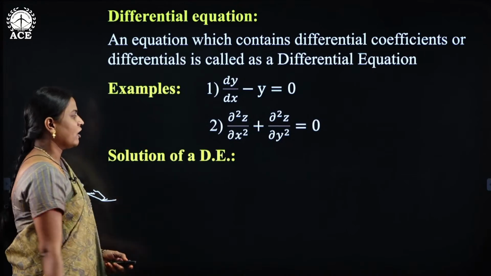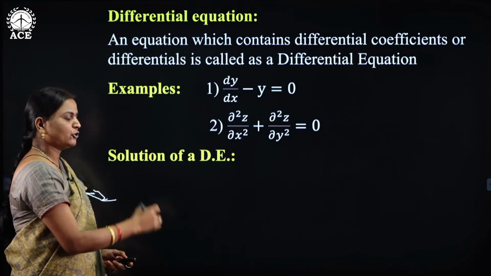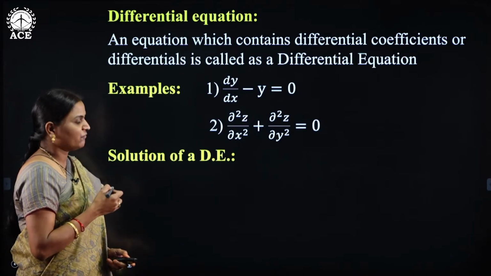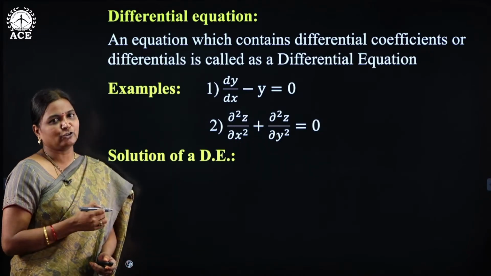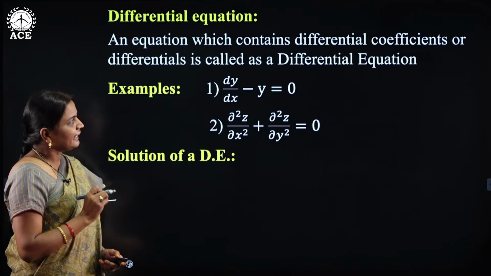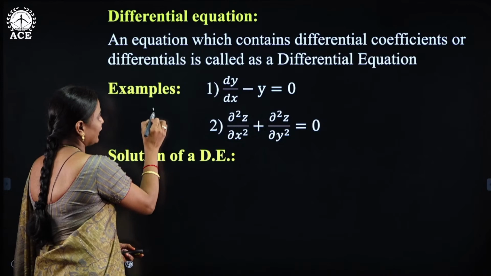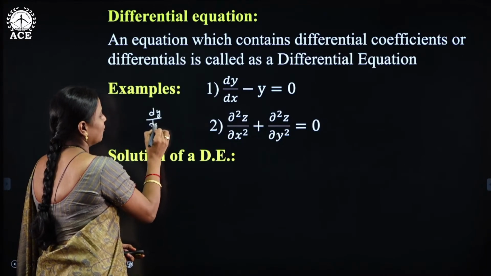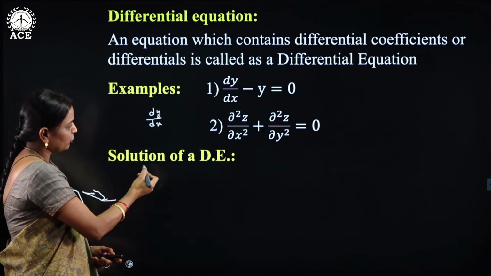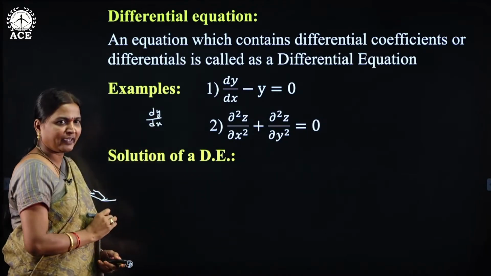How to define a solution of a differential equation? After defining the differential equation, how do we find its solution? First of all, what is the solution of a differential equation? In dy by dx, y is the dependent variable and x is the independent variable, and the solution depends on these two variables.